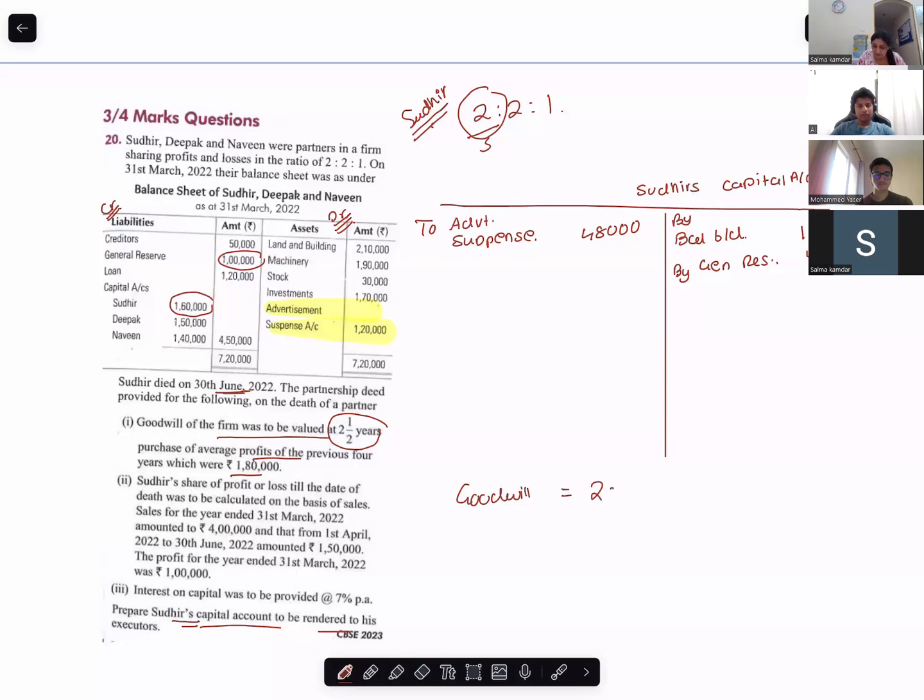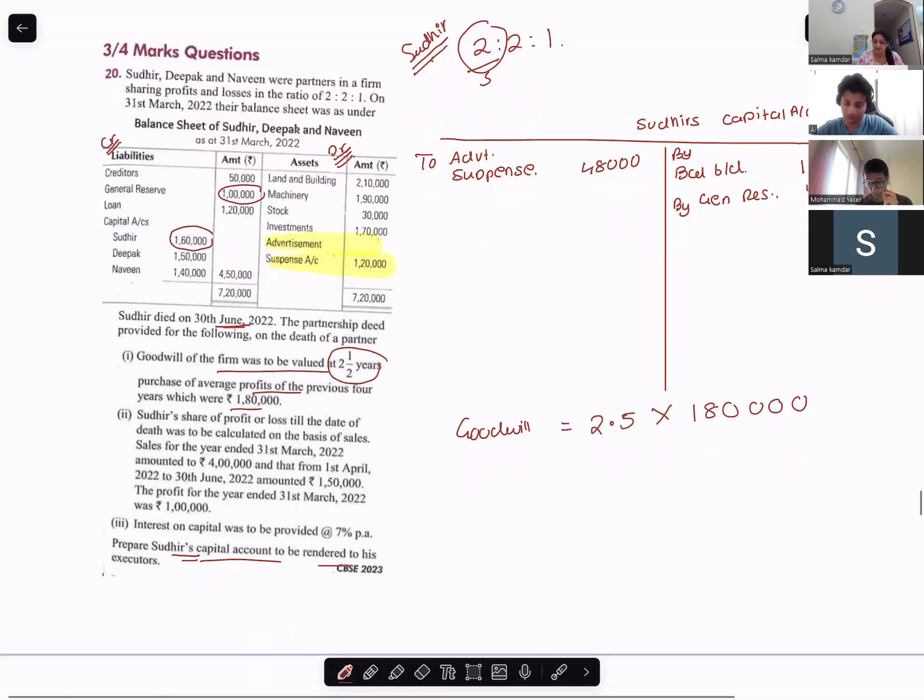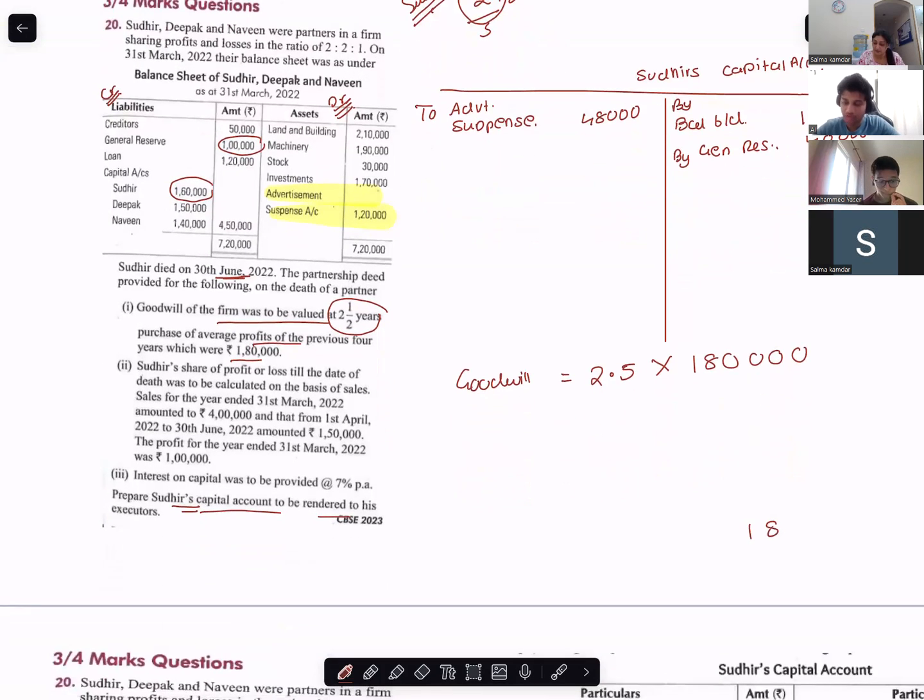It is 2.5 years' purchase of average profit of the previous 4 years, and the average profit is given directly to us. So it will be 4,50,000: 1,80,000 into 2.5.